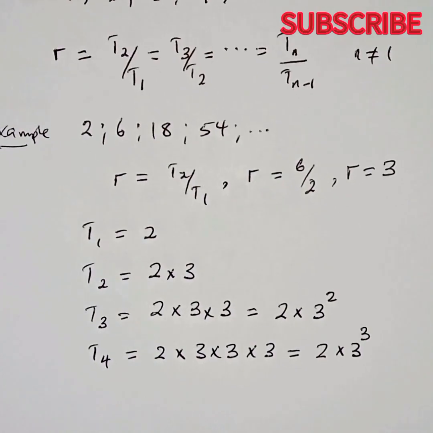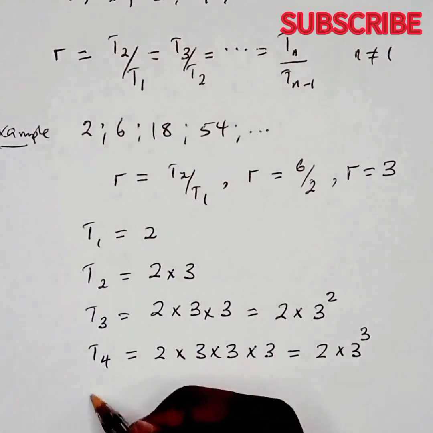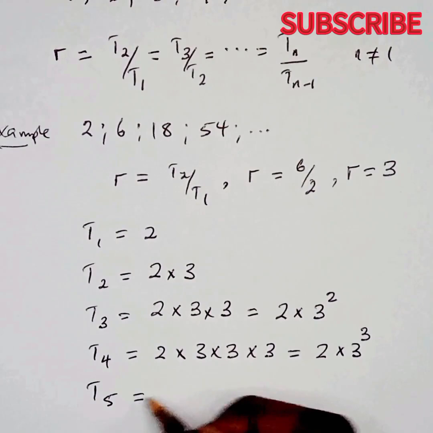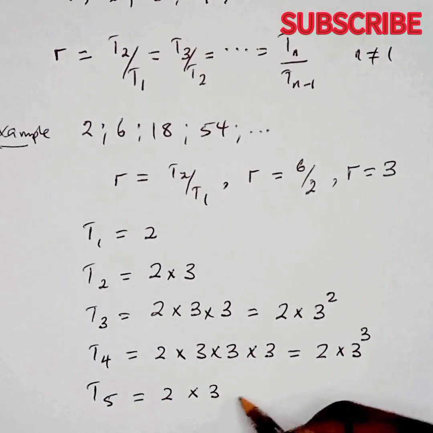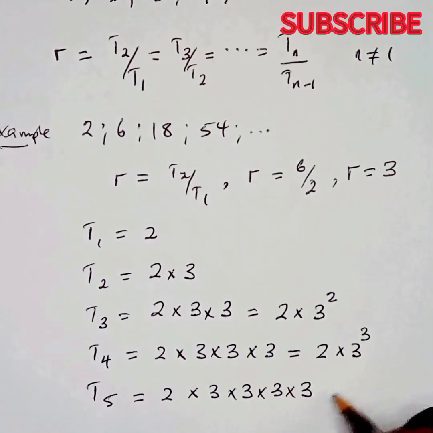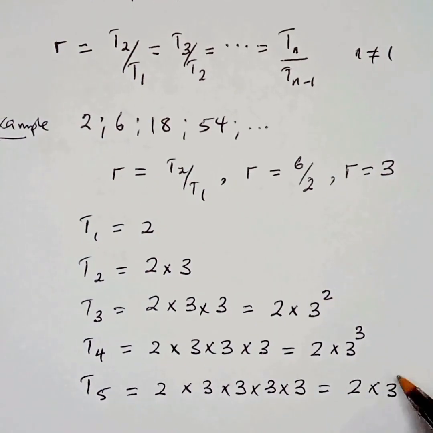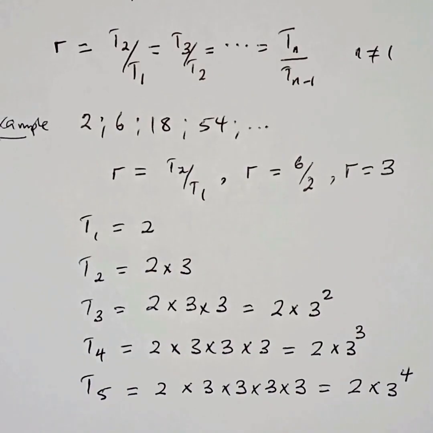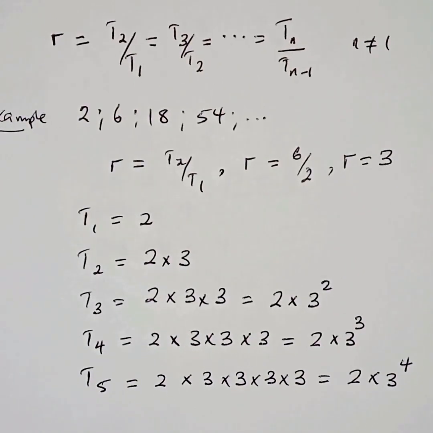And then we can do that for T5. T5 is equal to 2 times 3 times 3 times 3 times 3, and that gives us 2 times 3 to the power of 4. And you realize from this, you are having 2 times 3 to the power n minus 1, where n is 5.